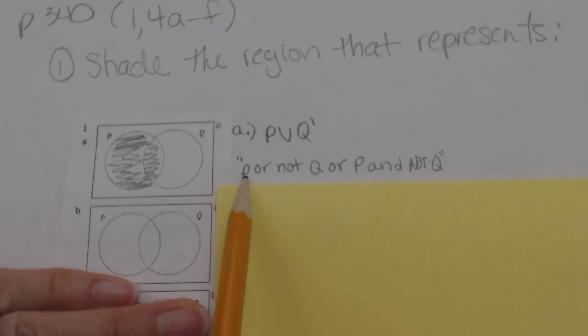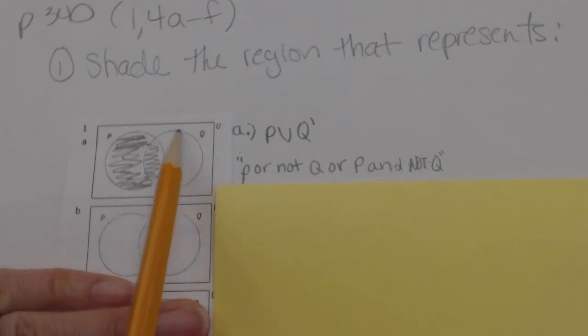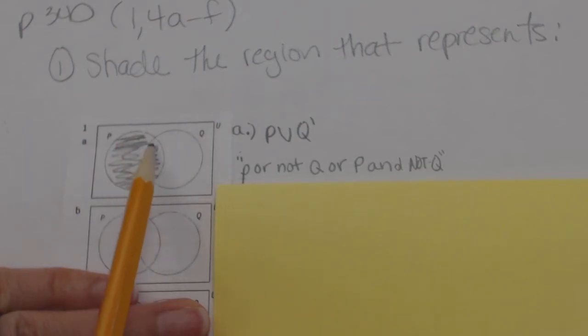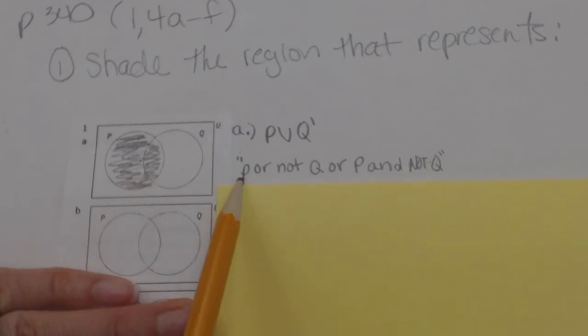So we can have P because that is an option. Even though this does go into the Q circle, this is P and this is Q, it's still just P, and we can have that.